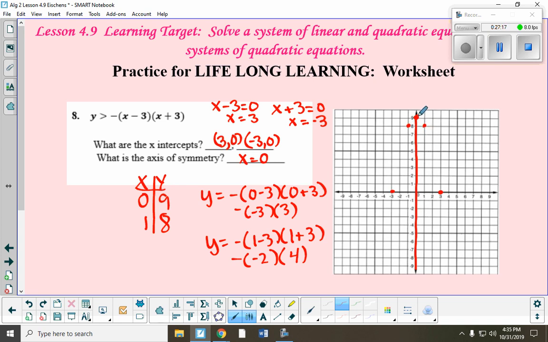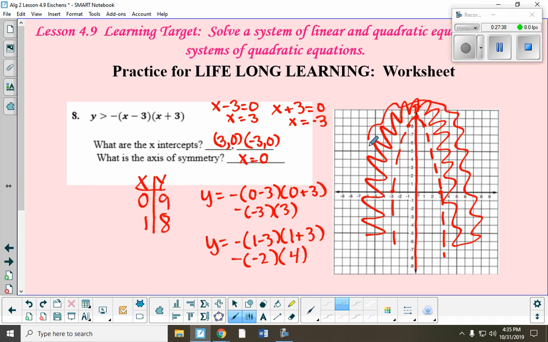And it says y is greater, which means it's a dotted line again. Put your pen on the y-intercept. Y is greater is this direction. So you are shading everything around it. And there's the answer to that one.